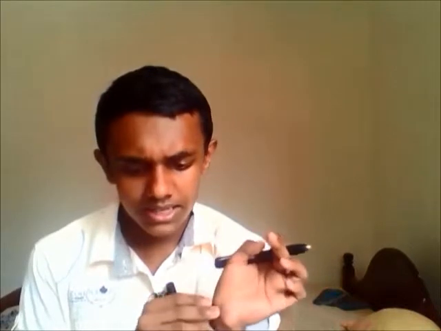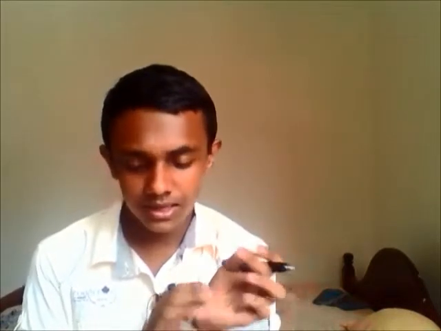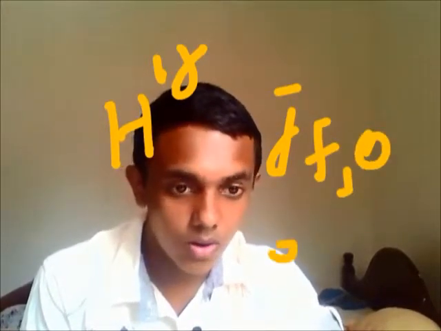Before we come to that, let's talk about the forces. Hydrogen bond is an intermolecular force that exists between a delta positive hydrogen atom in one molecule and a delta negative atom such as fluorine, oxygen, or nitrogen.